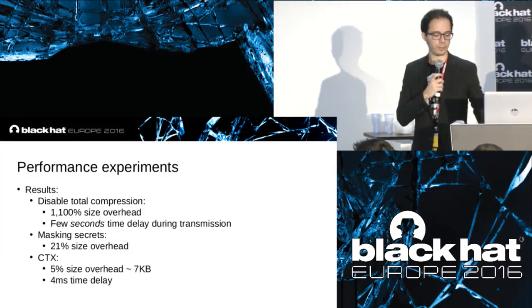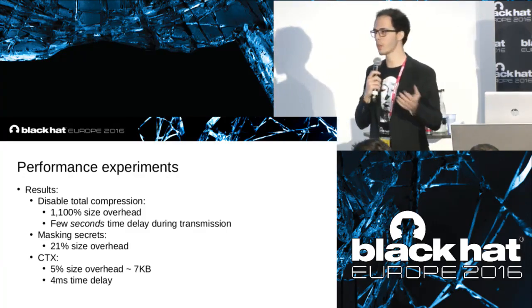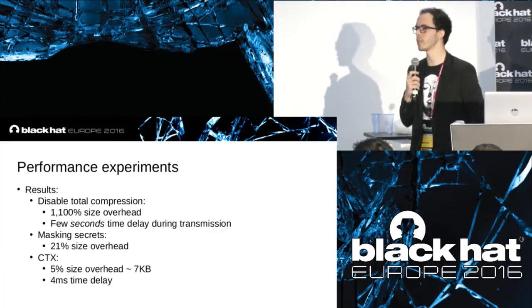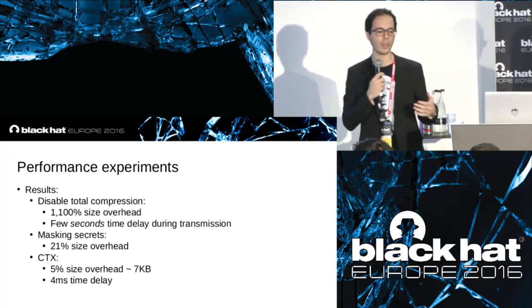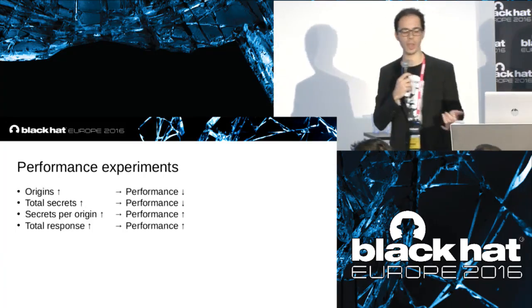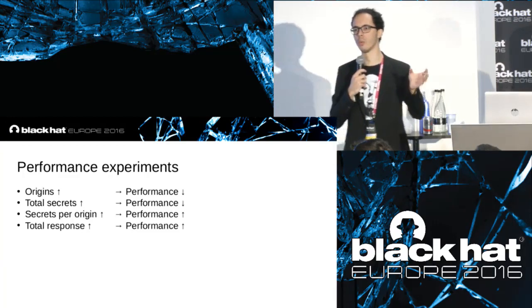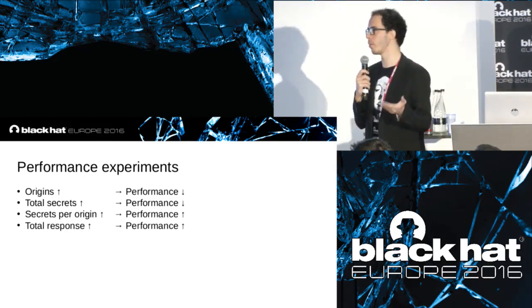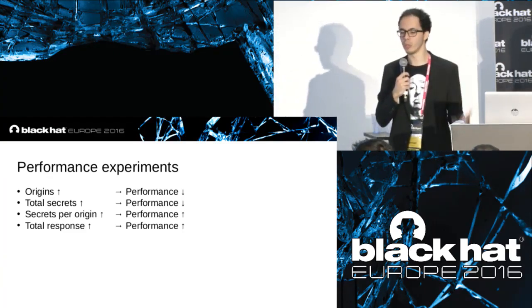And up to this point, we have seen that there are some different parts of the defense that change how it runs. These parts are the origins and how many secrets are in the web page. If 1% of the web page is secret compared to 90%, this obviously will affect the performance of CTX because there are many more things that need to be permuted.